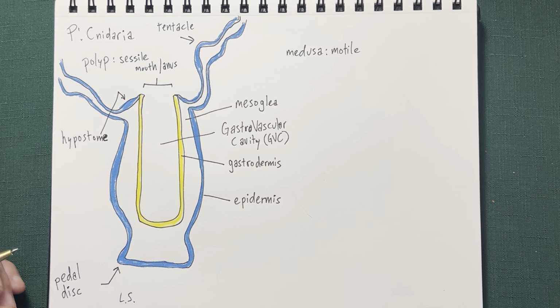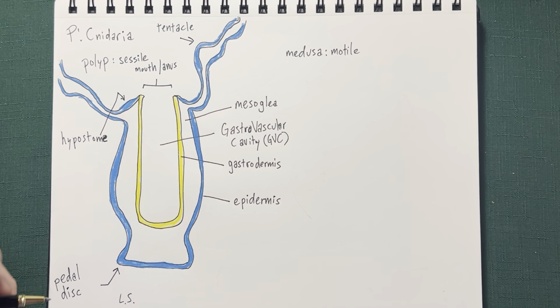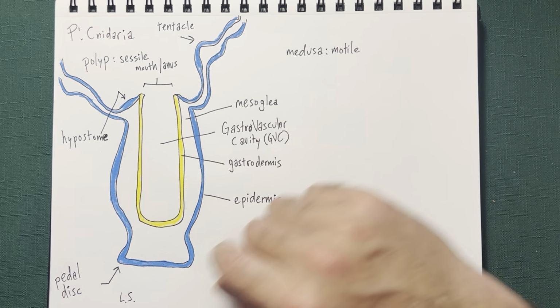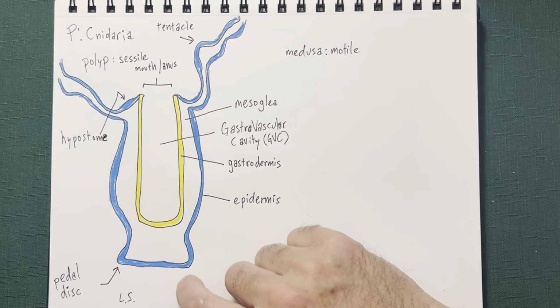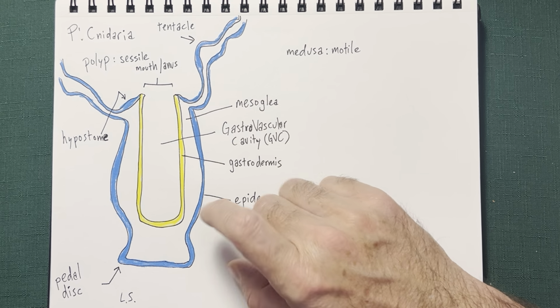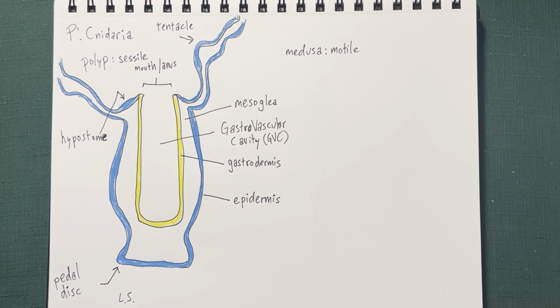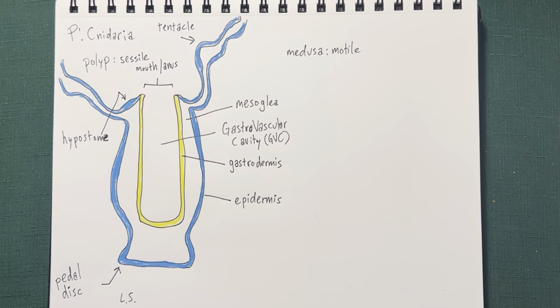So pedal, like the pedals on your bicycle, that's where you put your feet. And you might know that ped or pod, all of those Greek word roots refer to the feet. So this thing functions like a foot to anchor the polyp to the ground, or whatever it's attached to.